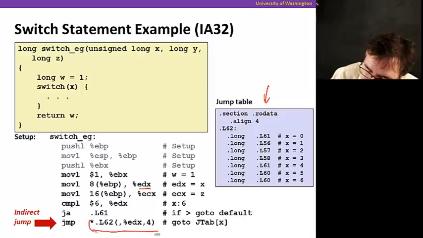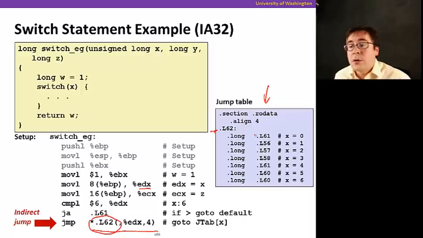So .L62 here is the base address of our jump table. Now the value of edx gets multiplied by 4 and added to that. It's multiplied by 4 because a long word is 4 bytes. So if edx is, say, 4, we're going to add 4 times 4, and that's the entry that's going to be jumped to.